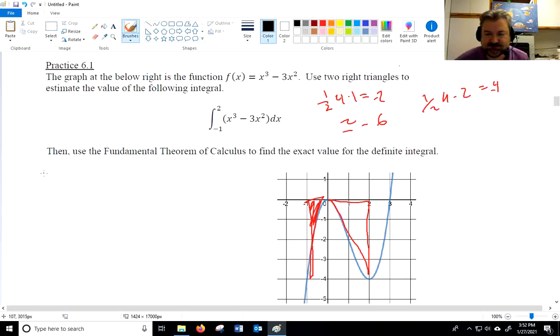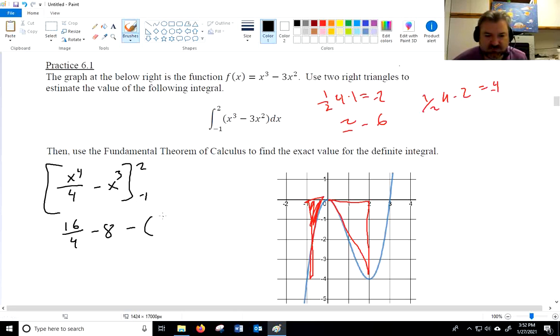But let's find out. So to integrate, it'd be x to the 4th over 4 minus 3x cubed over 3. So I'm just going to call that x cubed, from -1 to 2. 2 to the 4th is 16, and 2 to the 3rd is 8. Minus, plugging in -1, to the 4th becomes +1/4.